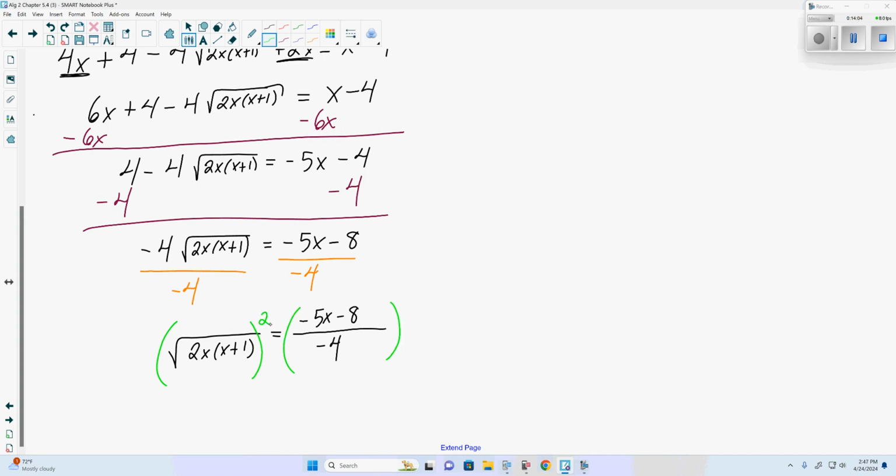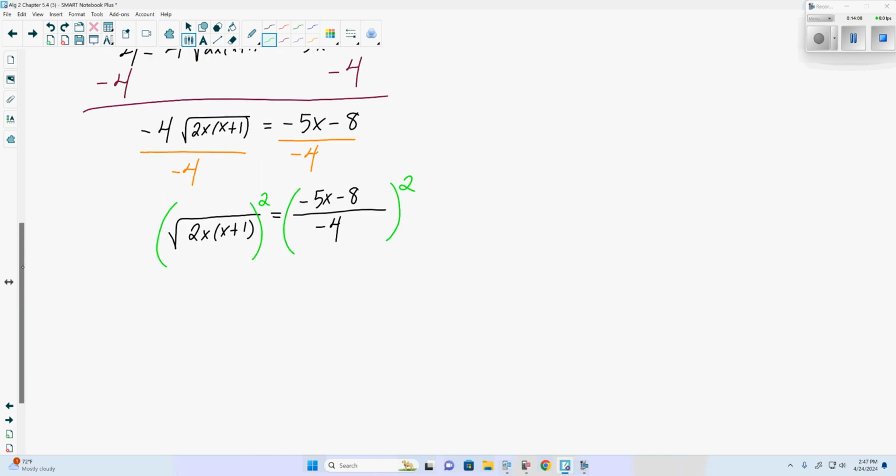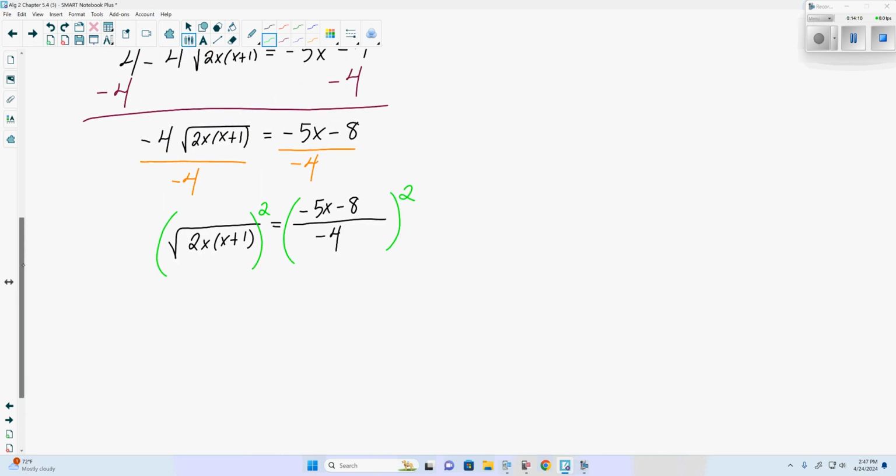And that power is 2. Do I need to slow down? Now this time, the left-hand side is going to be nice, because the square root and square will cancel, leaving us with 2x times x plus 1.